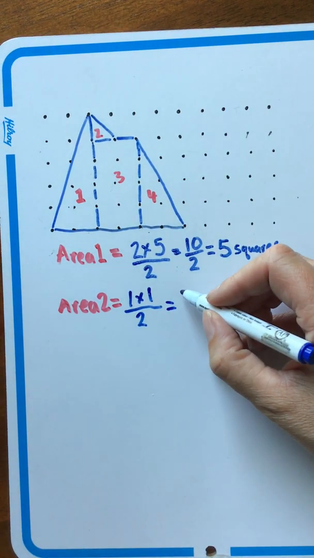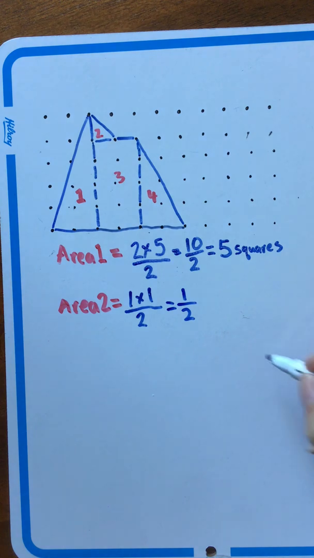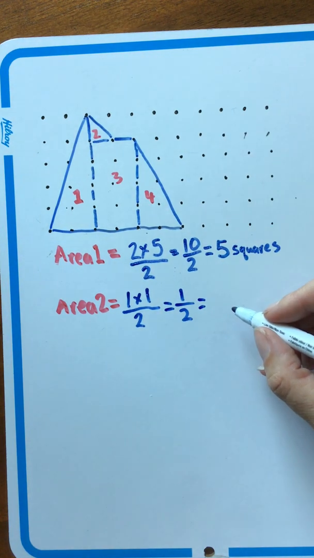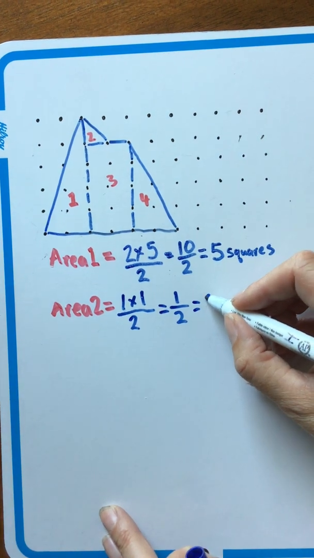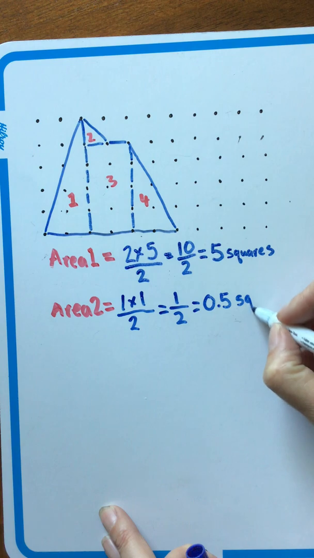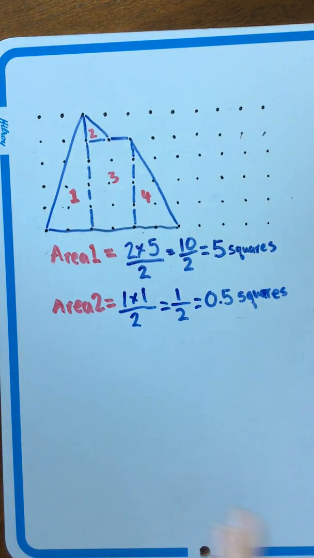Okay, 1 times 1 is 1. Oh, look at that. We've got half a square. Which, if we are thinking in terms of decimals, 1/2 is the same thing as 0.5. Okay, so we've got 0.5 squares.